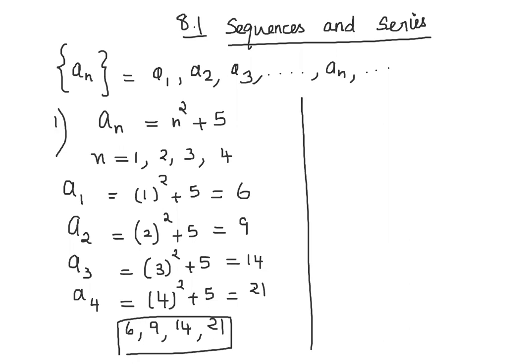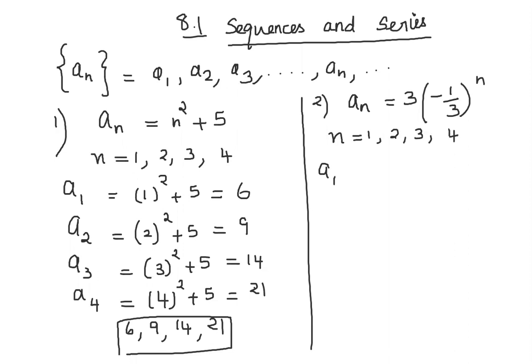The second example, we are given the nth term. This is called the nth term. 3 times. Again, we have to find the first 4 terms. So we have to plug in n equals 1, 2, 3, and 4. Let's put 1 first. Wherever n comes, you have to put that number.